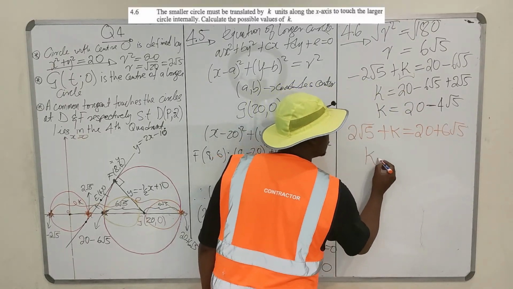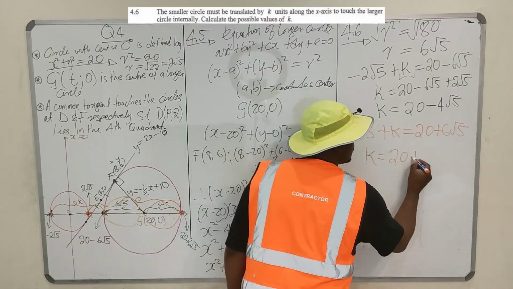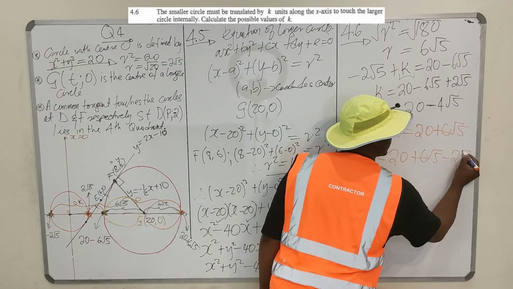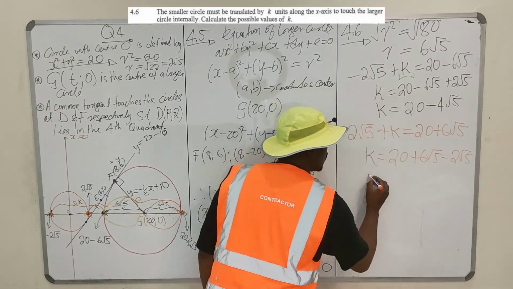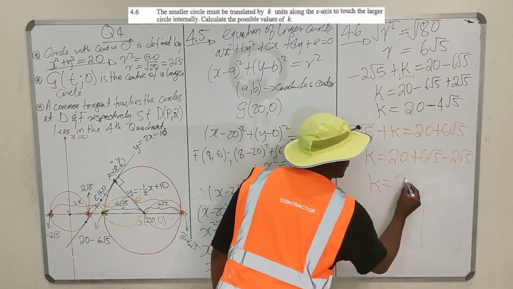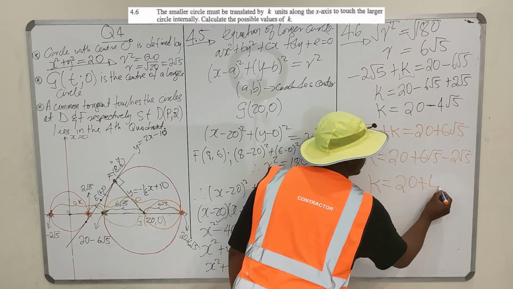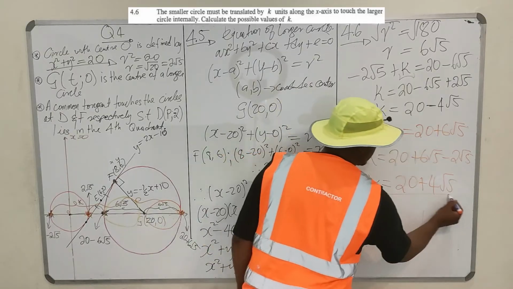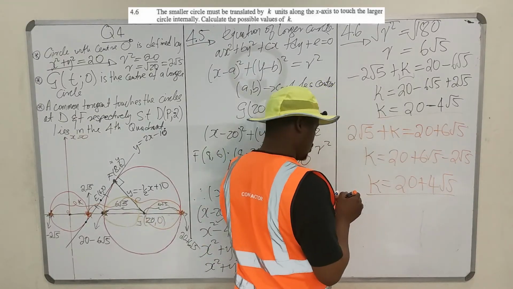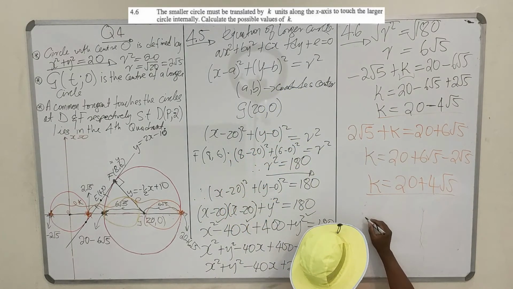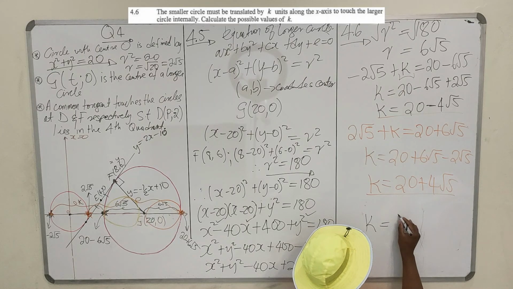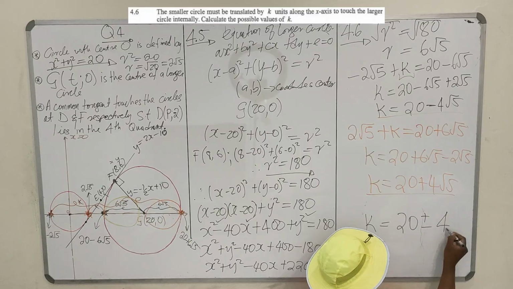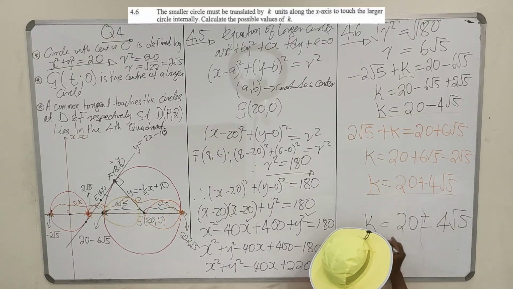So your k is equal to 20 plus 6 root 5 minus 2 root 5. So your k is 20 plus 4 root 5. So these are the possible values of k. So in short, you can say your k should equal 20 plus or minus 4 square root of 5.